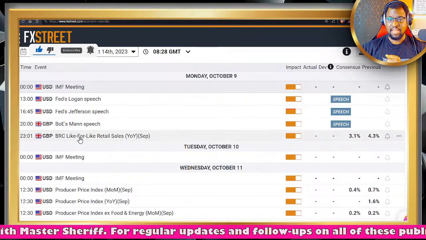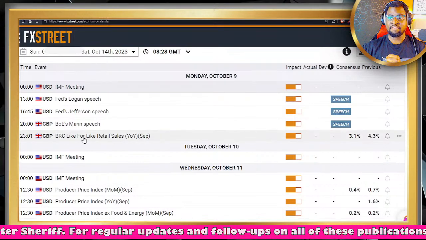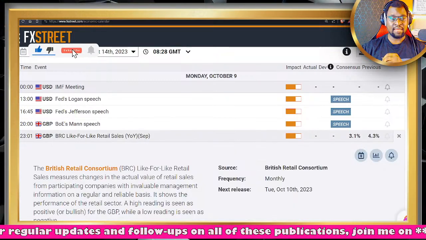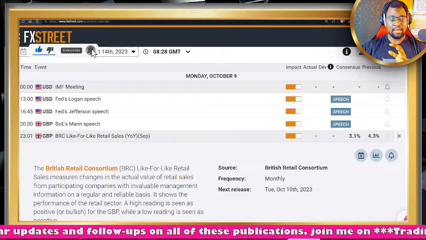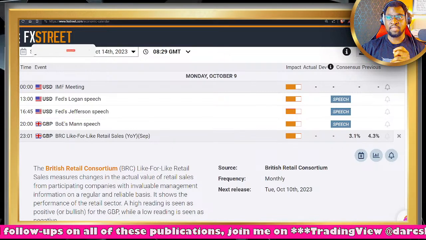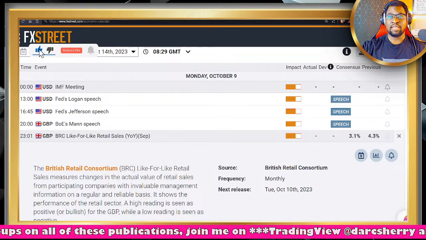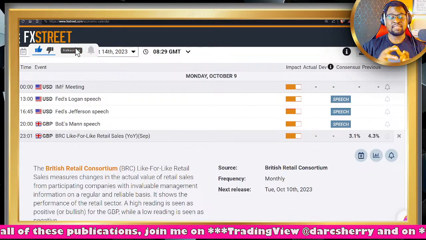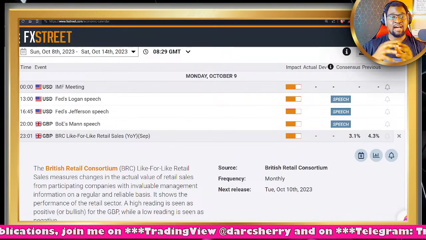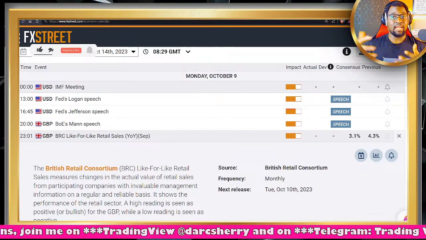Then we also have the BRC like-for-like retail sales from the United Kingdom, which is coming up very late today, in about 12 to 13 hours from now. For those who don't know, the LFL represents the percentage change in sales of retail stores that have been trading for over a year.